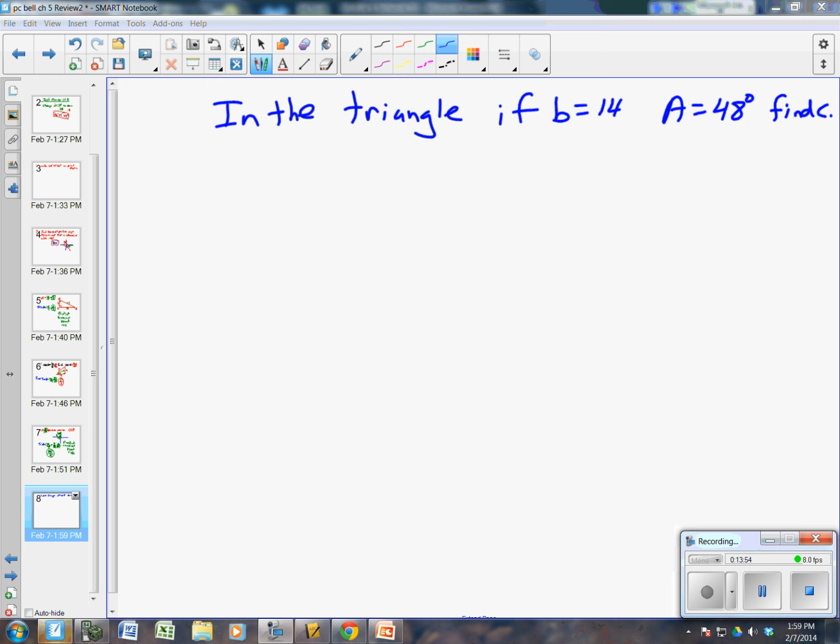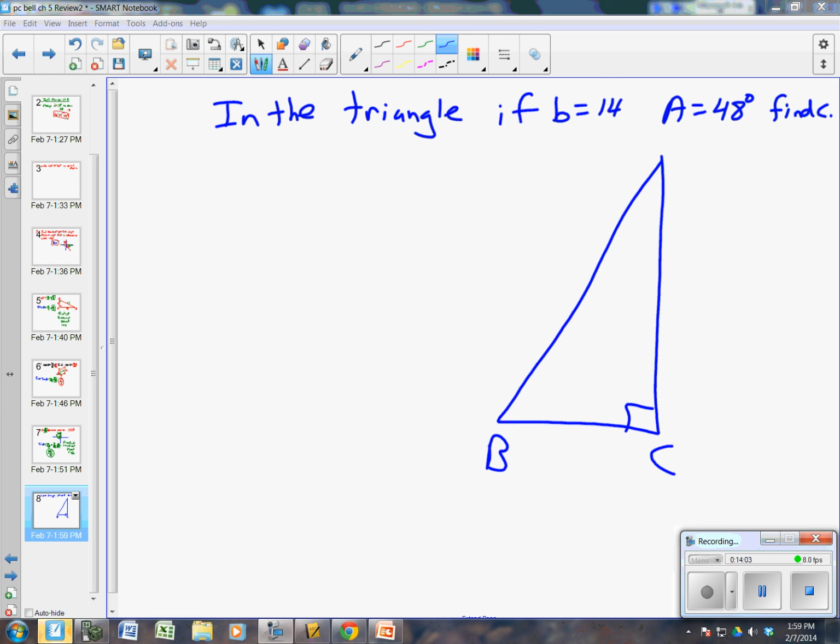Round to the nearest tenth, it says. So here's the picture. Keep in mind, you guys, to pay attention to whether you're given little b or capital B, right? And which one you're looking for.